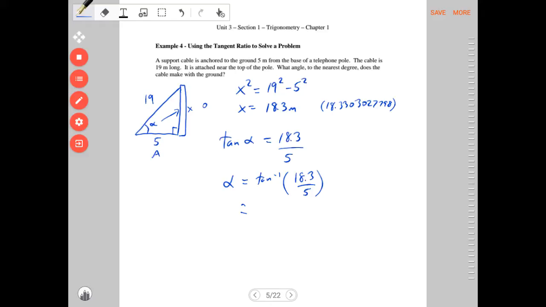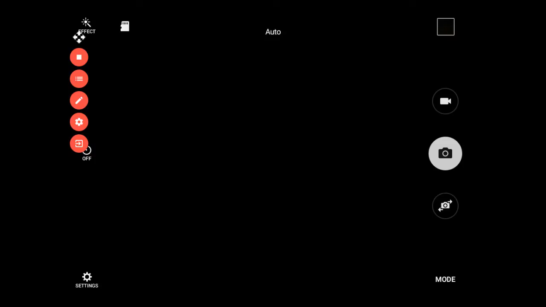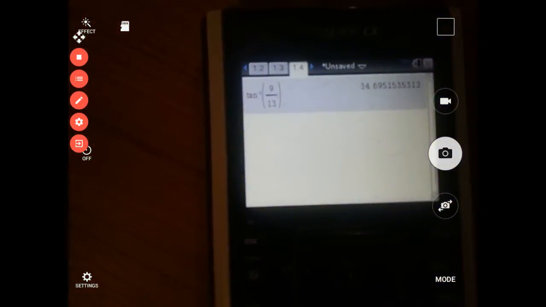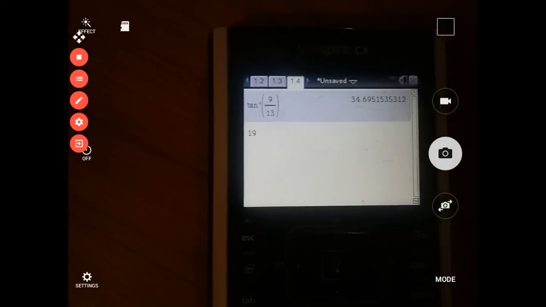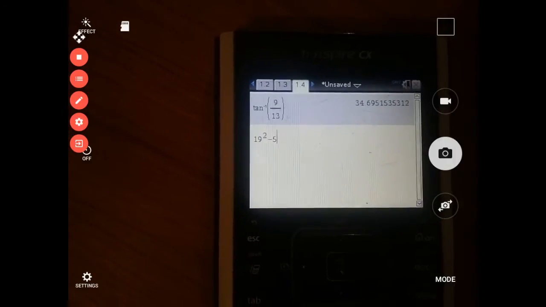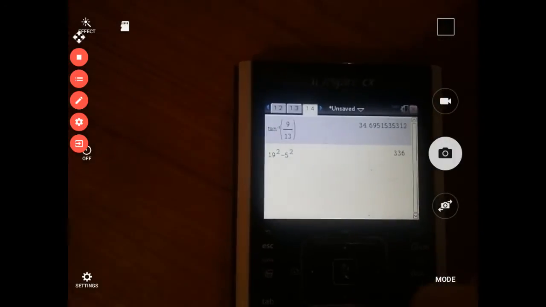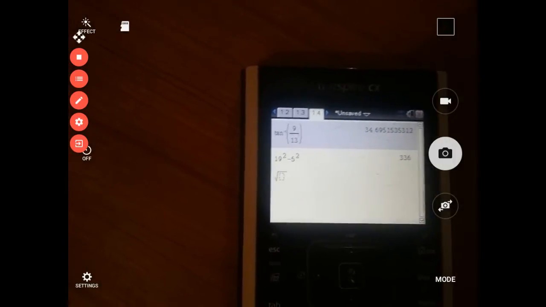Okay, so I'm going to show back to my calculator screen. Okay, where are we here? There we go. So this was 19 squared minus 5 squared. Enter, then square root.